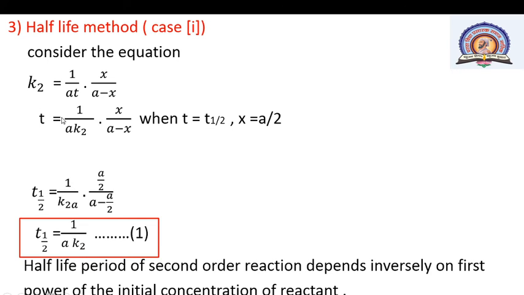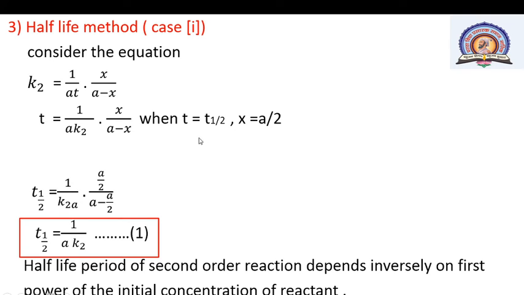Rearrange this equation: t is equal to 1 upon a into k2, into x upon a minus x.